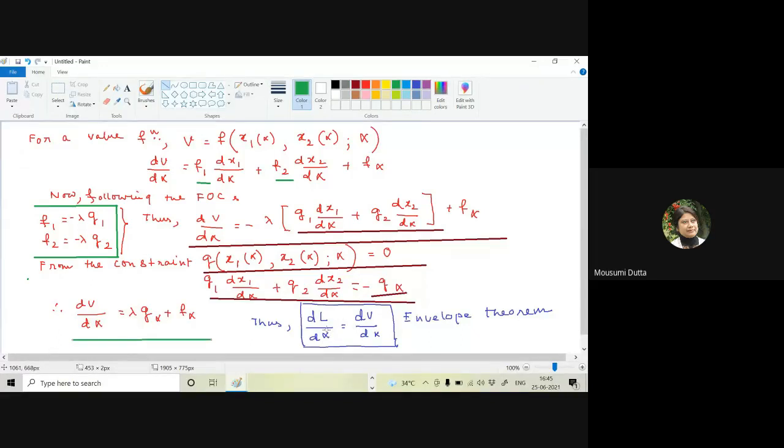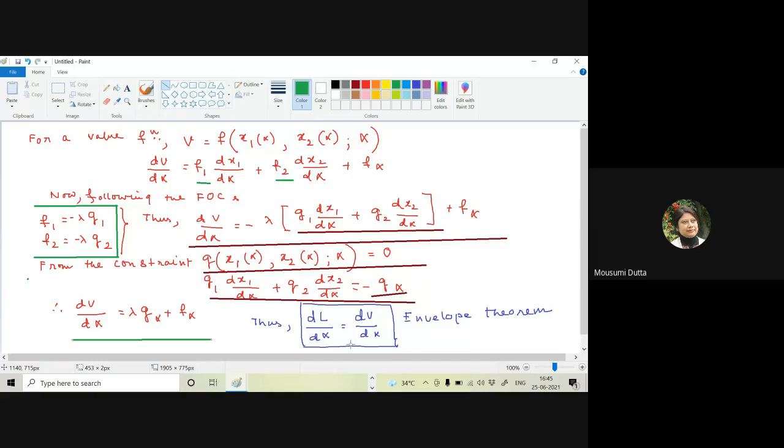dL by d alpha, that is, we can consider the Lagrangian expression at optimum. That is, we are considering the original objective with respect to the constraint at optimum, and that is equivalent to dv by d alpha. That is, if I consider the value function and take the derivative with respect to alpha, we are getting the same solution. dL by d alpha is equivalent to dv by d alpha.